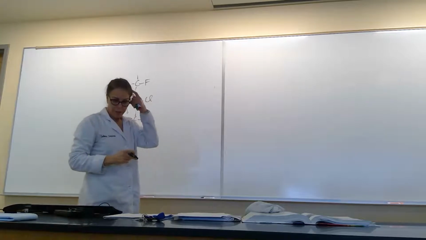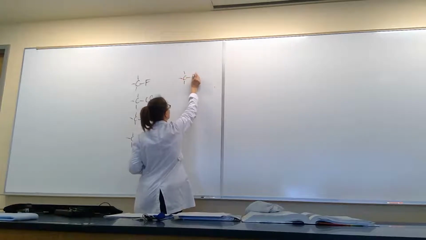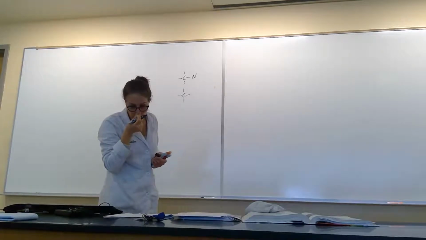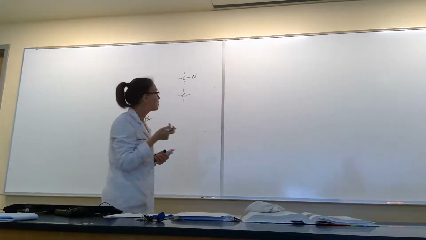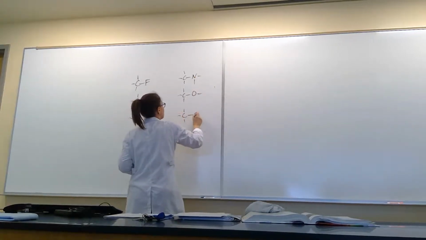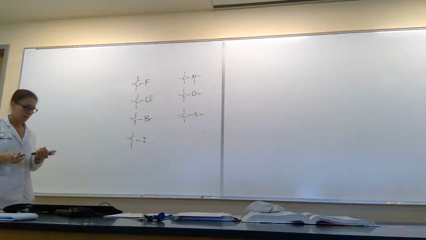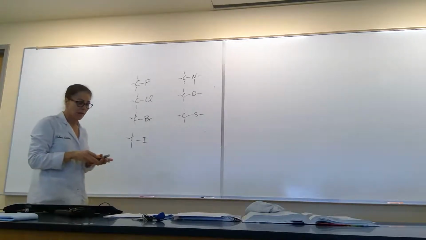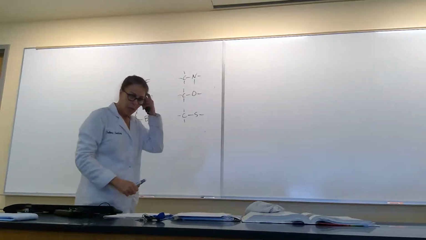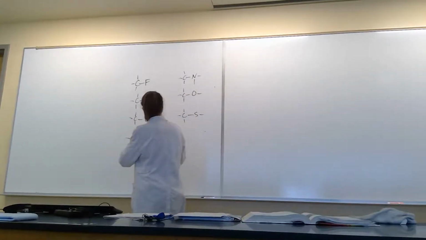Then you also have CN. Then you have CO and CS. Did I miss anything? I put CS here. So in all of these, if you look at the electronegativity difference, the carbon is the least one. So for example, carbon is 2.5 in all of that.